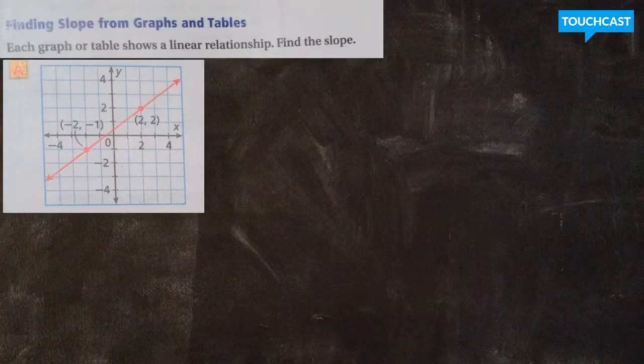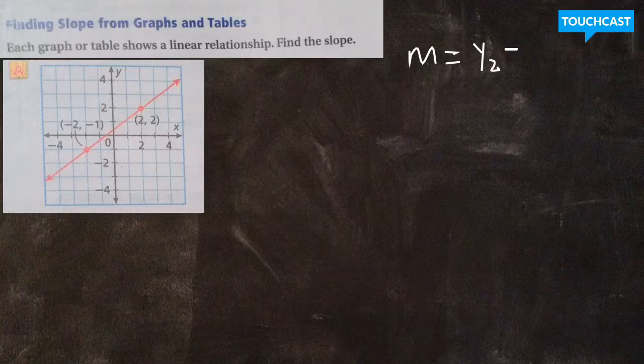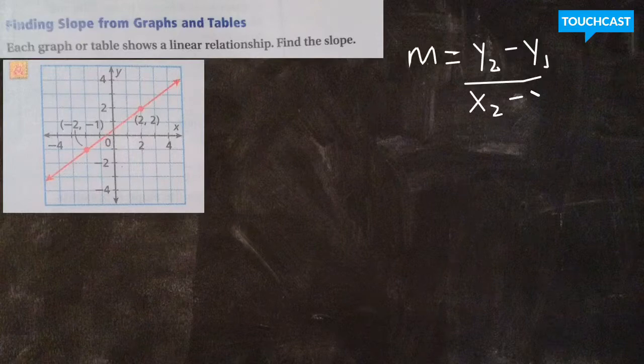Alright, so we need to find the slope from graphs and tables. So let's first look at a graph. We have the graph of a line that goes through the points -2, -1, and 2, 2. So let's start by writing out our slope formula. M equals y2 minus y1 over x2 minus x1.